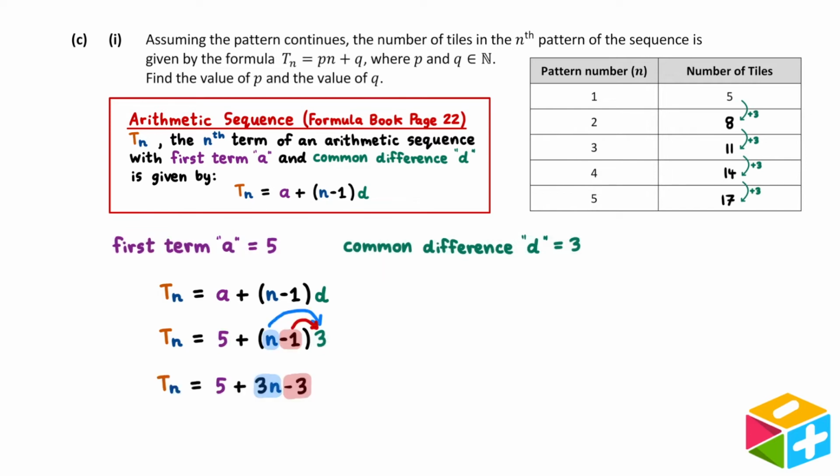From here, we can multiply out the brackets on the right-hand side. N times 3 is 3n, and minus 1 times 3 is minus 3. To clean things up a bit, we can do some simplification. 5 minus 3 is 2.